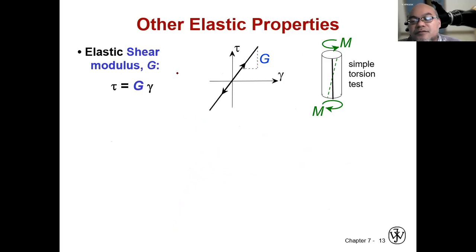Besides E, the Young's modulus, and nu, the Poisson's ratio, we also have other elastic properties. The elastic shear modulus shows the relationship between tau and gamma. Gamma is the shear strain, remember?